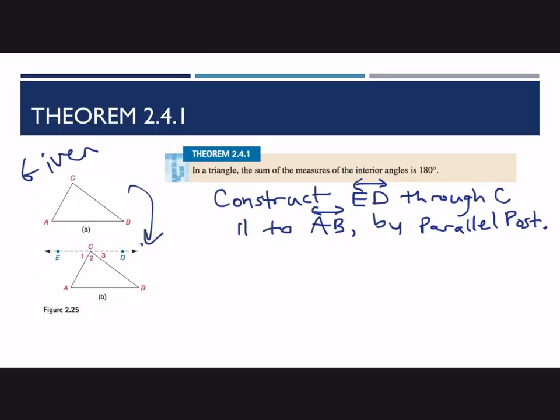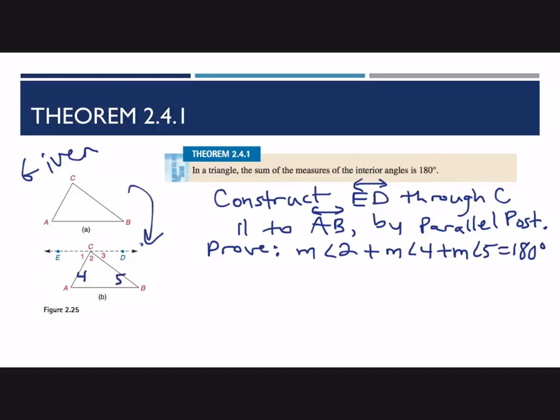So let's label these angles A and B. I'm going to label these as 4 and 5. And then we want to prove that the measures of angles 2, 4, and 5 add up to 180 degrees.